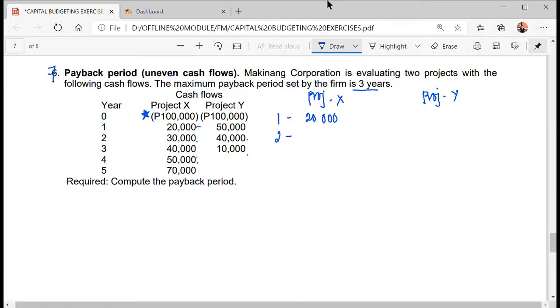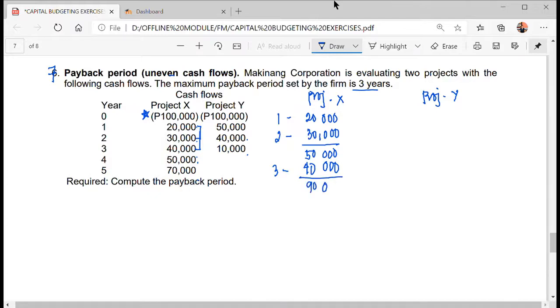I-add na po nato si year 1 o si year 2. So, as of year 2, naanay total nga 50,000. Na-cover na ba atong initial investment? Wala pa gihapon. So, since wala pa gihapon sa year 2, proceed na po ta sa year 3. So, i-add na po nimo kutob sa year 3. So, you have 40,000.